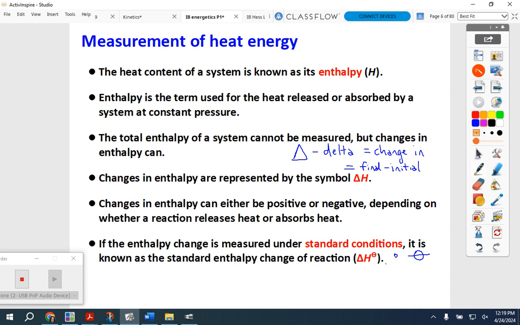You can insert that character in most word processing functions, and this one is not often there. So that means that the change is being measured under standard conditions. And we're going to talk a little bit tomorrow about situations where that's going to matter, where we have data for what the change in enthalpy of a reaction should be under standard conditions.